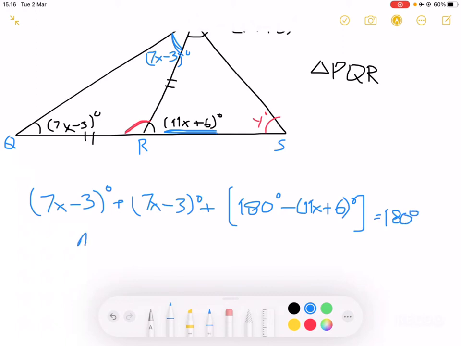So we can just simplify this real quick. And I'm just going to cross each degrees out here just for simplification. So this inside here will become negative 11x and plus 174, equals 180.